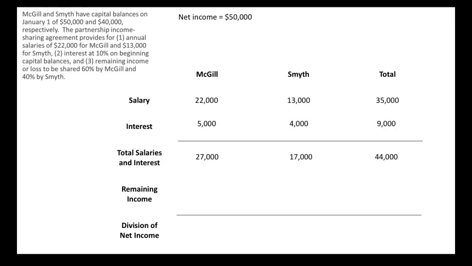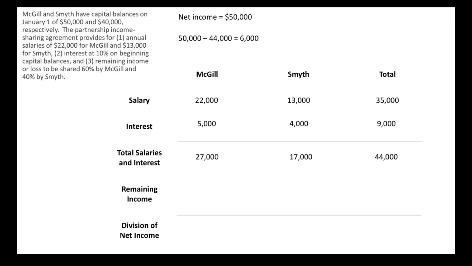because to figure out our remaining income, we need to take that 44,000 and compare it to the net income that we made. So in this first part, we're going to assume a net income of $50,000. So we have a net income of $50,000. We are supposed to pay out $44,000 in salaries and interest to our two owners.